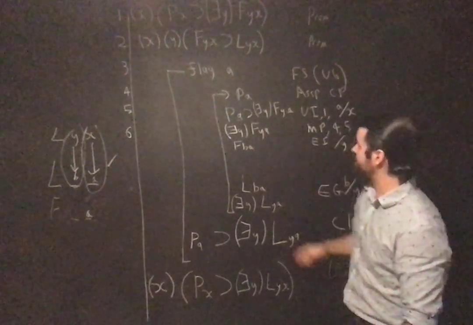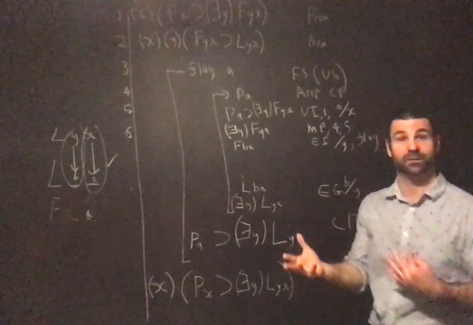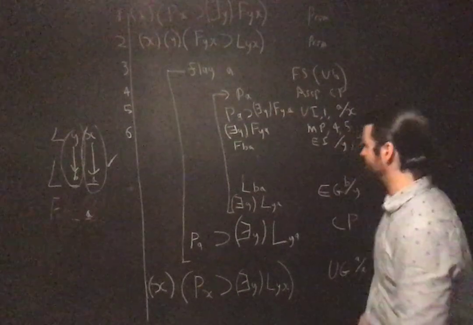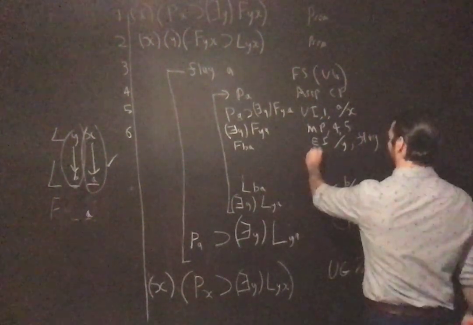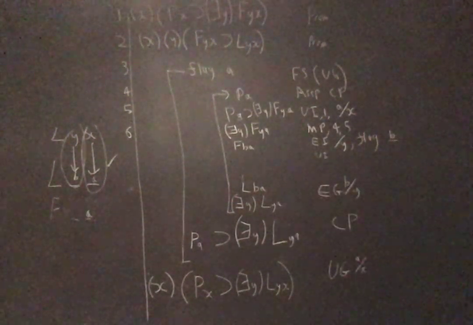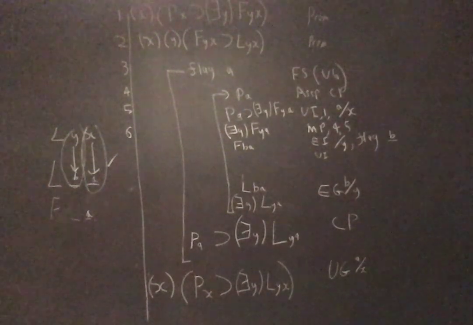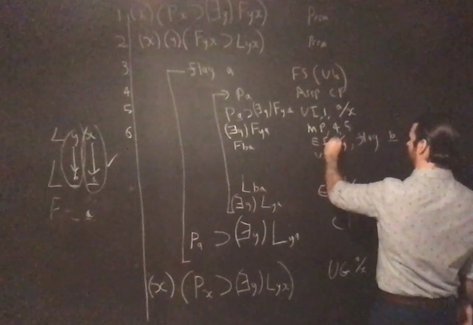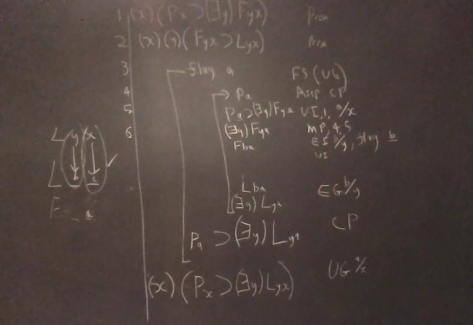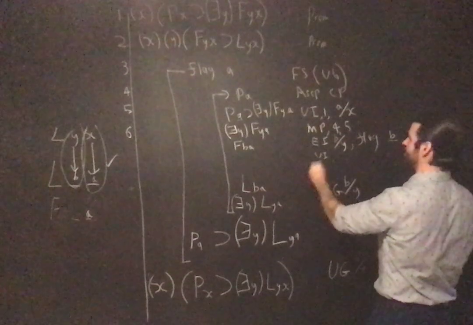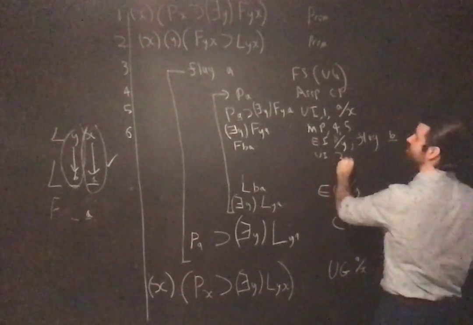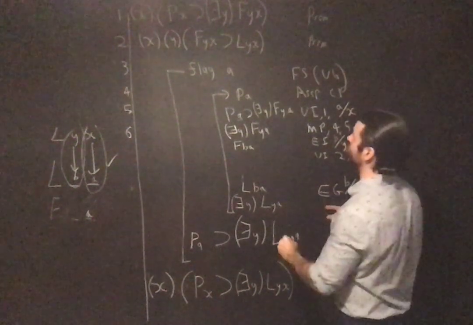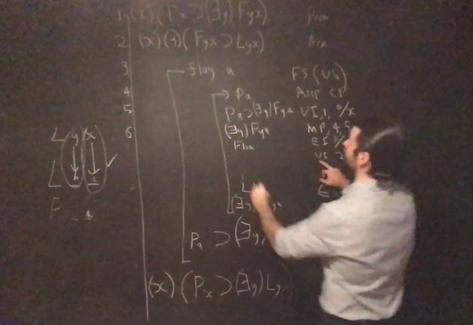Now it's time to universally instantiate on 2, right? And here is where I have worked my way to having my choice resolved in a good way. Okay, so UI on 2. Sorry, it's B for Y. UI on 2 now, so I'm getting rid of X, and what am I replacing X with?